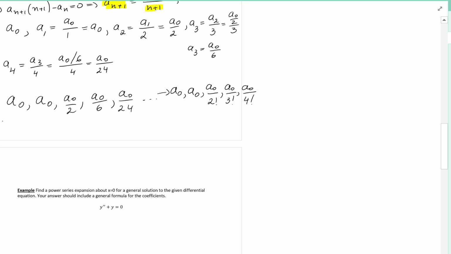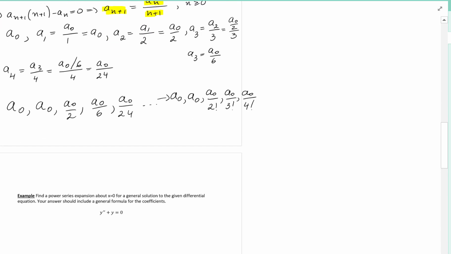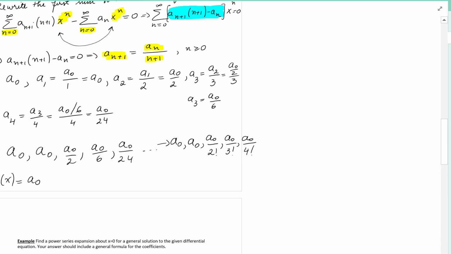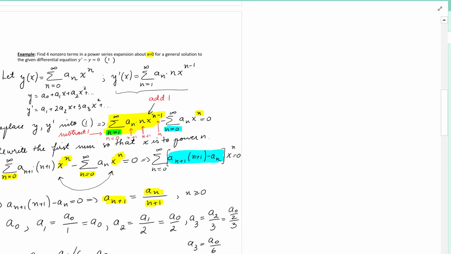So basically our y of x can be written like this, right?